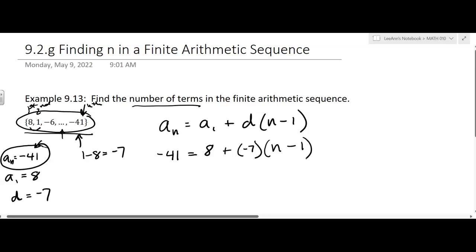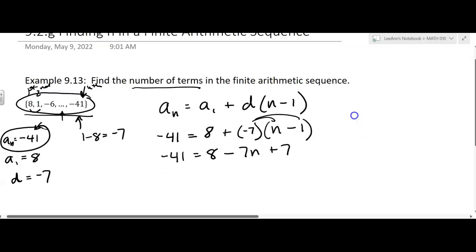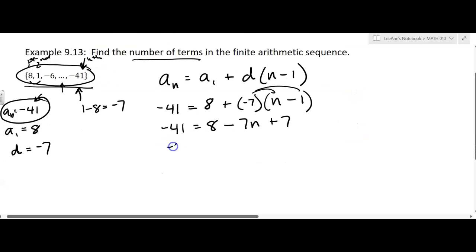Okay, so I have -41 equals 8 plus, well, let me go -7n plus 7, right? I'm just distributing here, so it's a -7n and then a +7. Okay, so -41 equals 15 minus 7n.